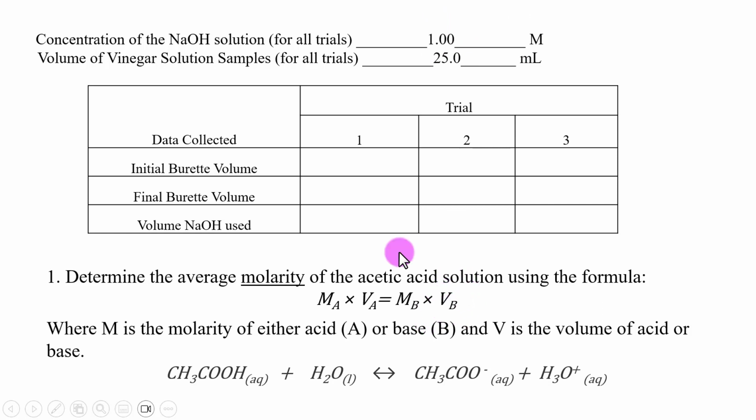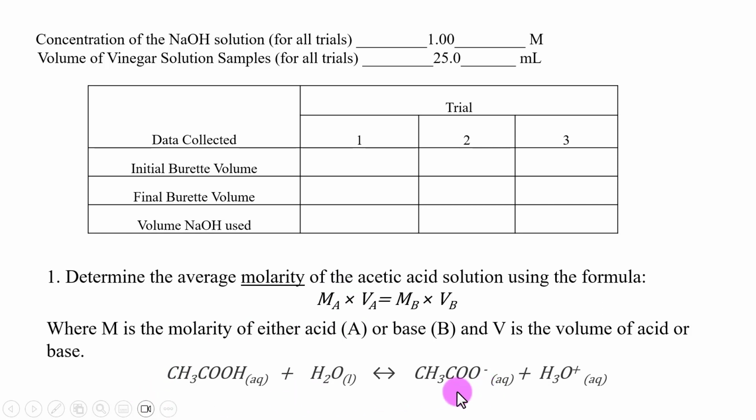The volume of the base is going to be the volume of the base used in trial 1, 2, and 3. And you're going to calculate it. It's going to be row 3 here. We also said the volume of the acid is going to be 25 milliliters for all three trials. Then you have one unknown, and all you have to do is solve for the molarity of the acid. You will have 3 different values for that molarity.